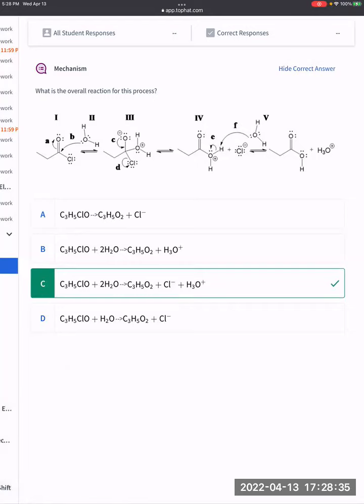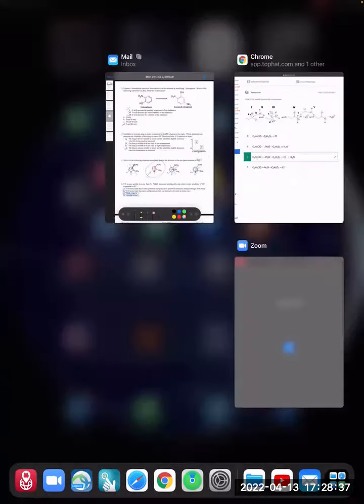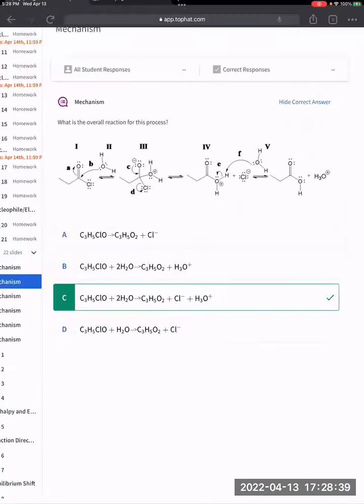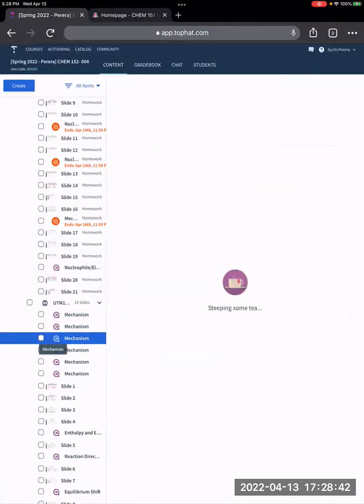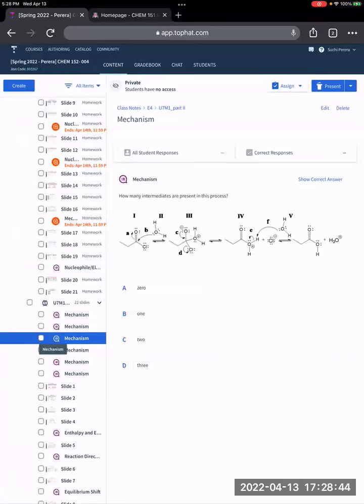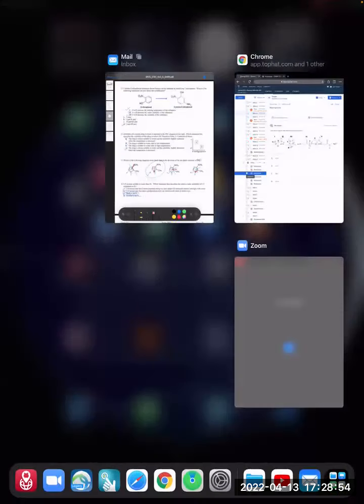Okay, so let's do another one. Now, same mechanism. How many intermediates are present in this process? What I have to do is go back to what we did before, if I can.